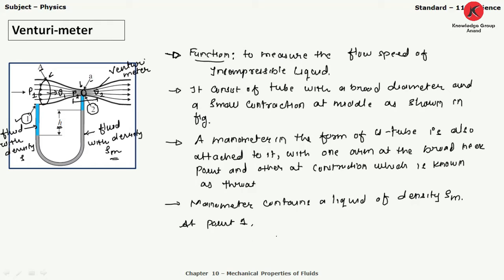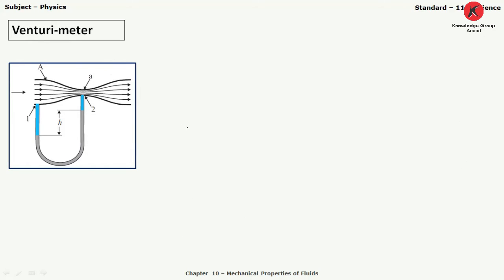Which is capital A. Cross sectional area is A and velocity of liquid which is V1.